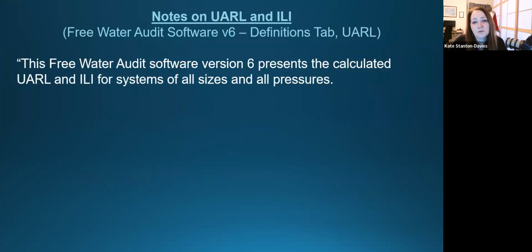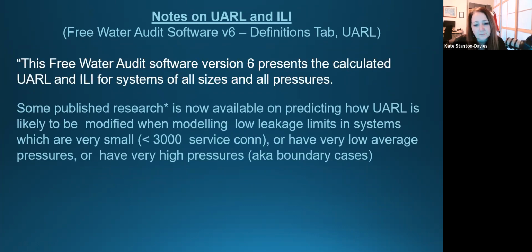In the free water audit software version 6 from the AWWA, it talks about the use of system correction factors and the fact that the free water audit software will calculate a UARL and ILI for any size of system at any pressure. But it does bring into play this idea of boundary cases.